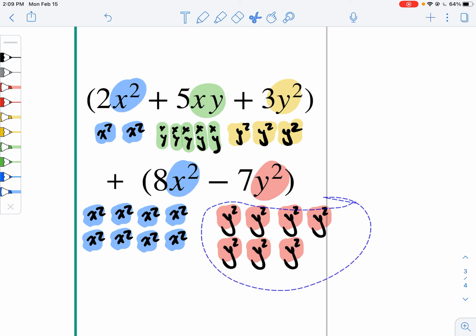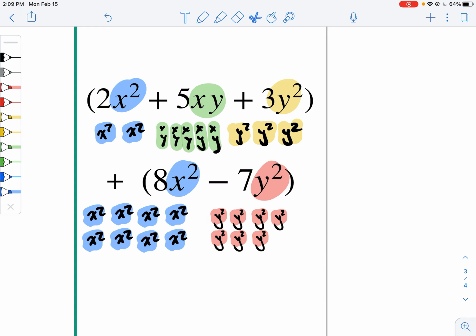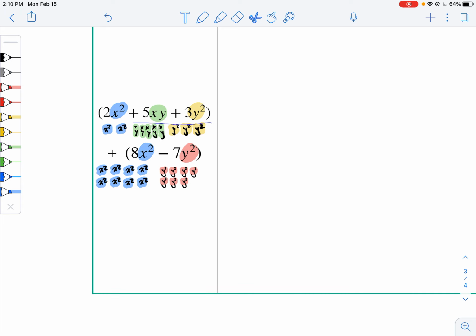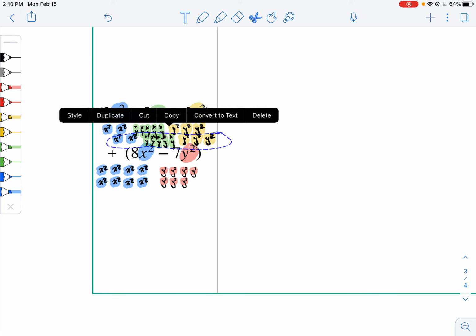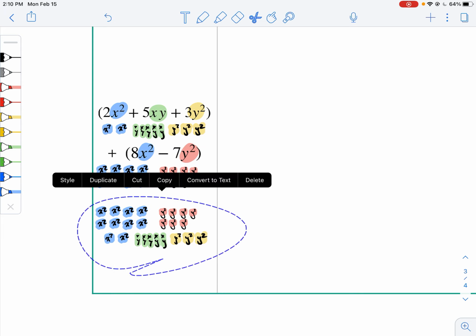Now we're going to combine all of our tiles together. Come on, why aren't you moving? Okay. Now we're going to combine all of our tiles together. And what do we get in total?